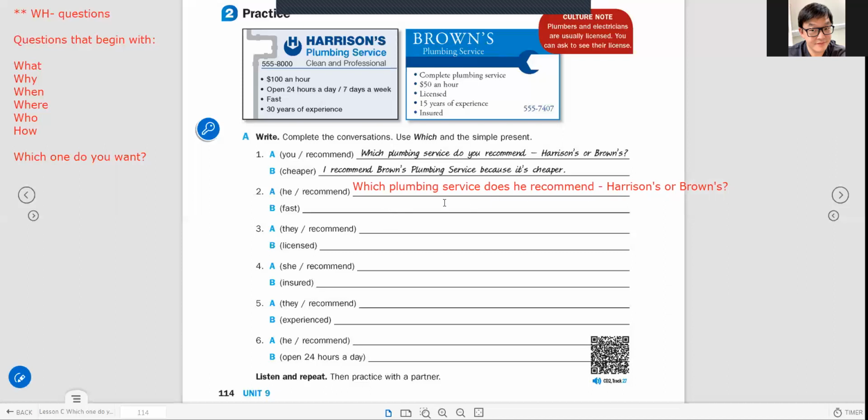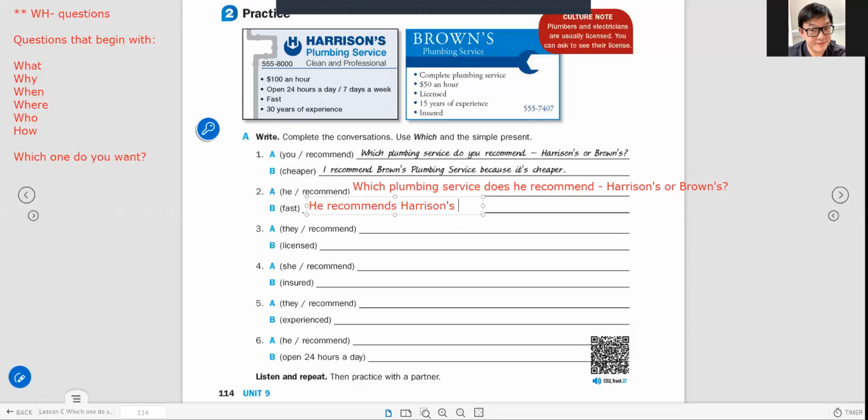Harrison's or Brown's? Now, which one is faster? Harrison's, right? Because it says fast here. So he recommends, because it's he, right? Harrison's.